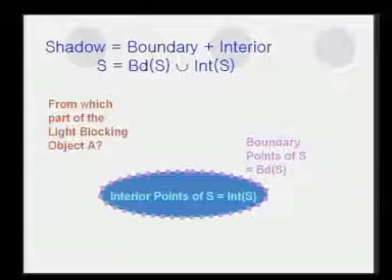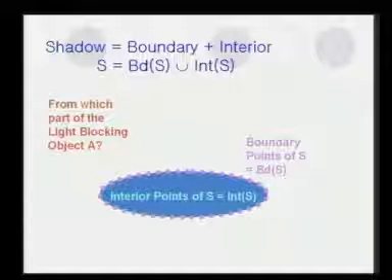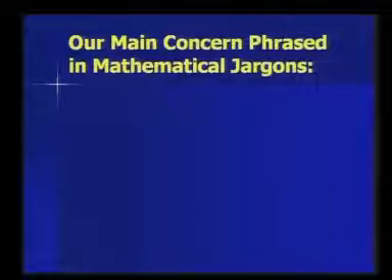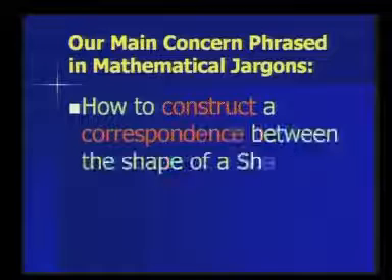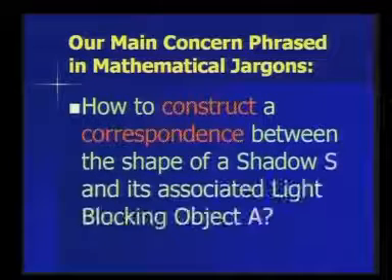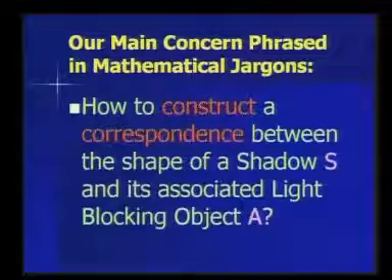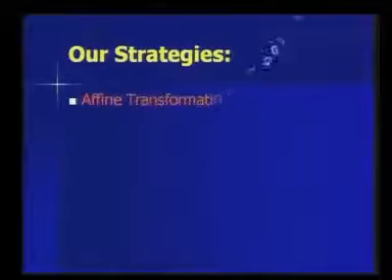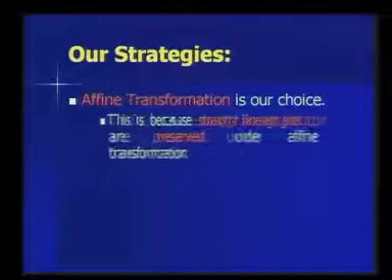From which part of the light-blocking object A do they come from? In mathematical jargon, how can we construct a correspondence between the shadow S and the object A? To solve these problems, we use affine transformations.